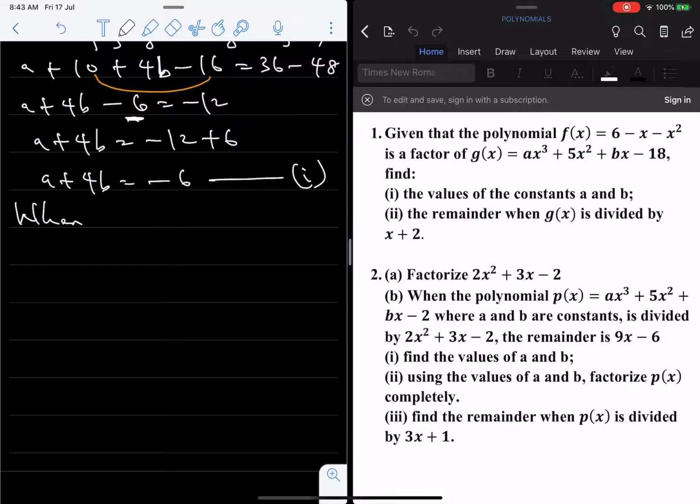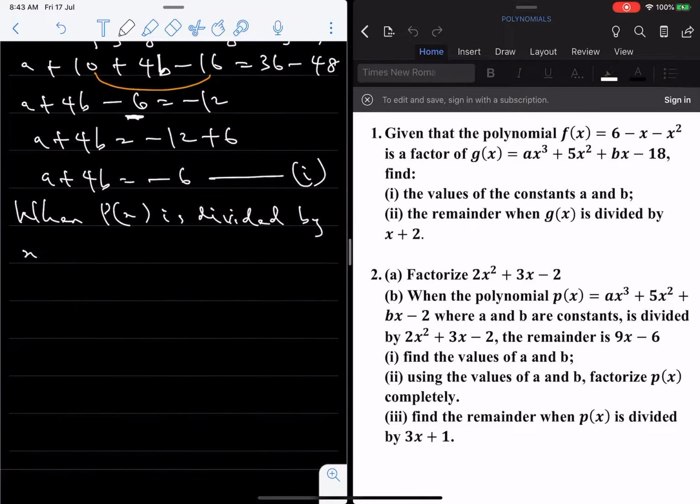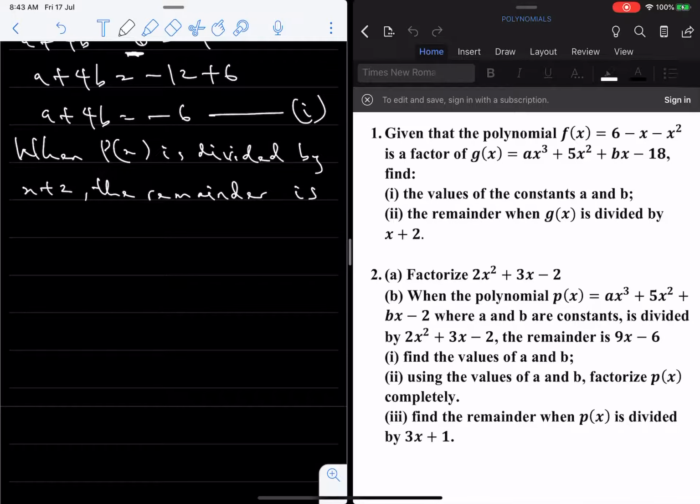Now to obtain a second equation, we say when p of x is divided by the second factor, x plus 2, the remainder is p of minus 2. And that p of minus 2 is the same as 9x minus 6.